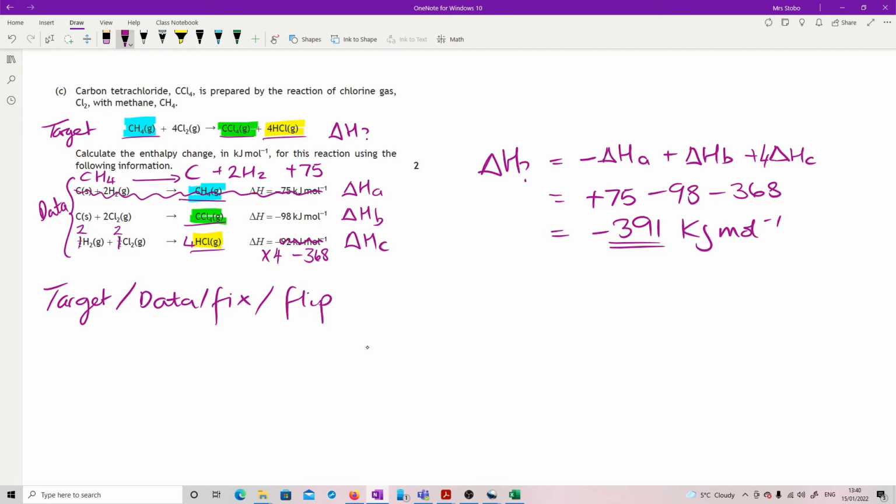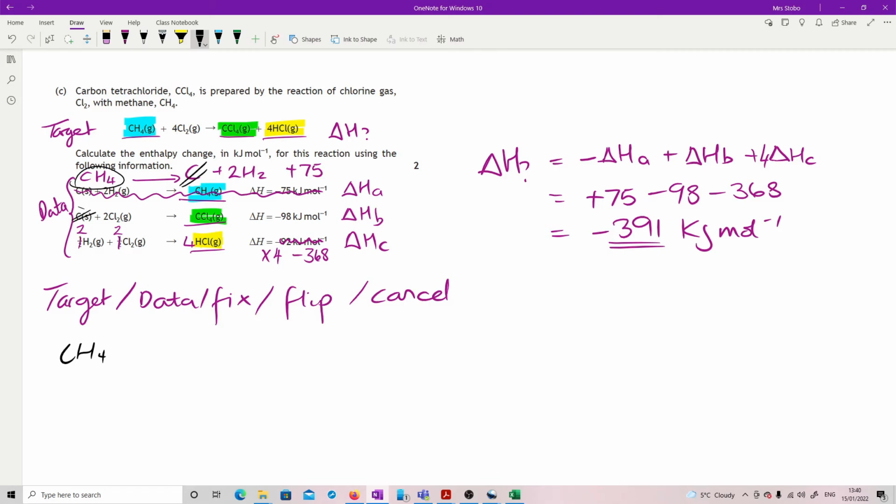Now I could just add up at that point, but what I can also do is merge and cancel, just to be absolutely sure that I've got the same thing that I expected to have. It always gets a little bit messier, but I do think it really does help a lot sometimes to use this. Okay, so I'm going to have CH4 from here. My carbon is actually on this side and on this side, so I'm going to just cancel that out.